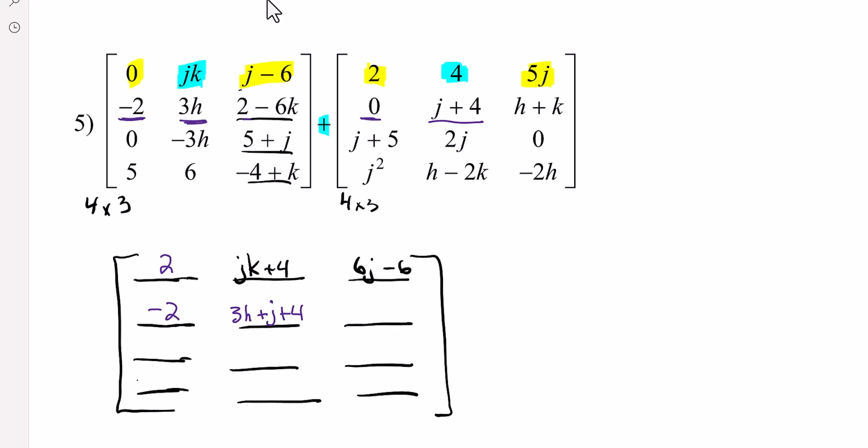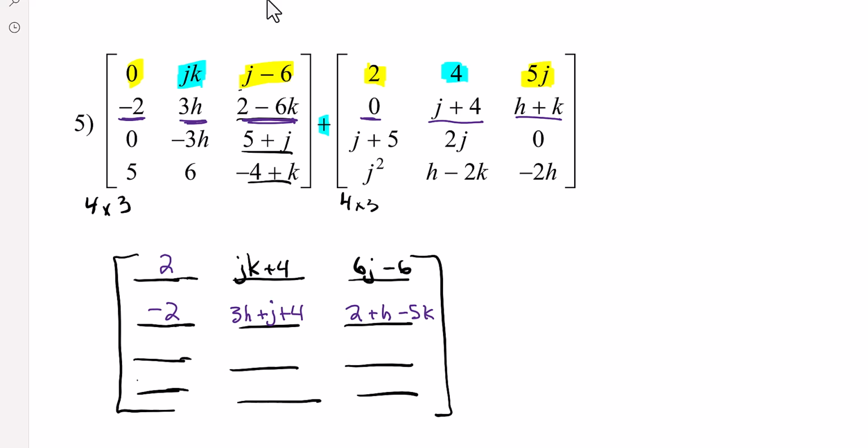And then we have 2 subtract 6K plus H plus K. Well, notice we have a negative 6K and a positive 1K. So negative 6K plus 1K will be negative 5K. So what we're going to have is 2 plus H minus 5K.